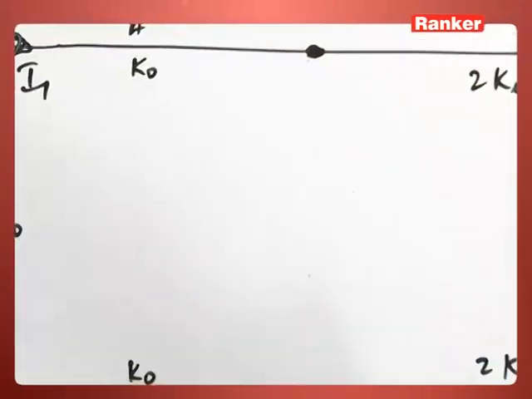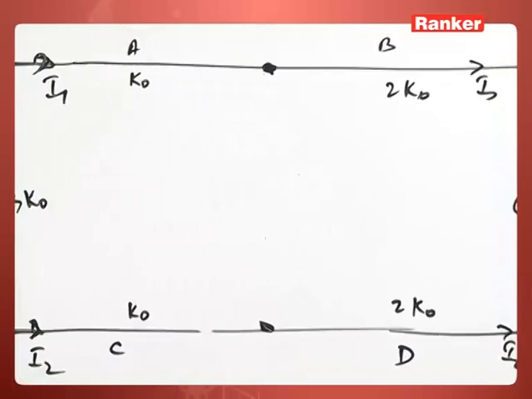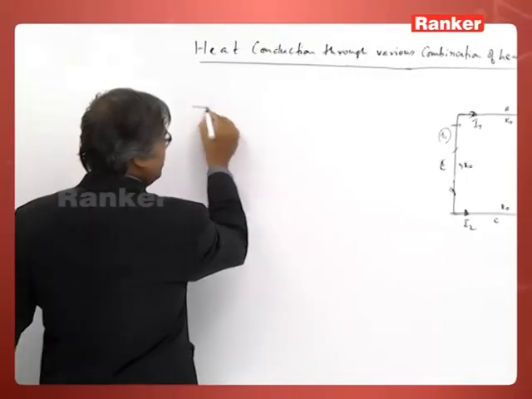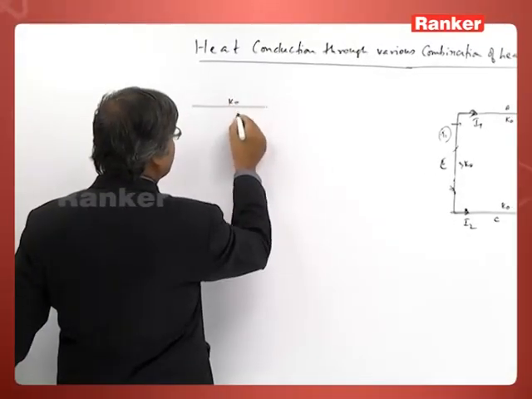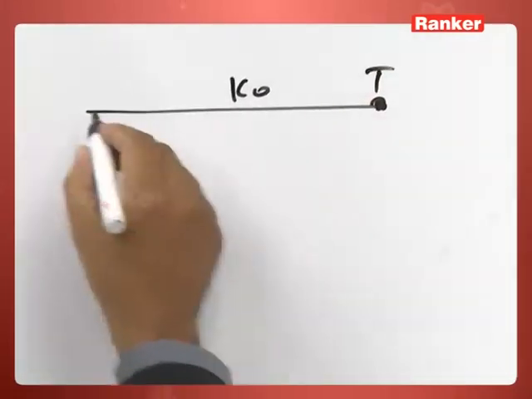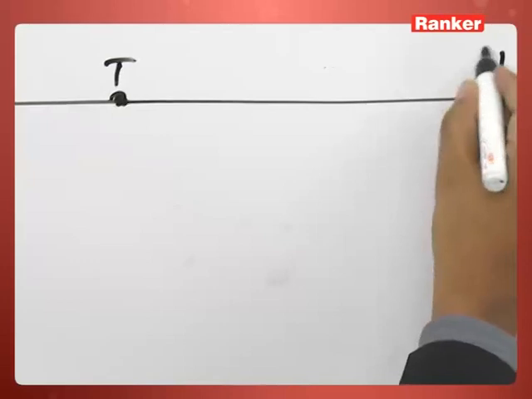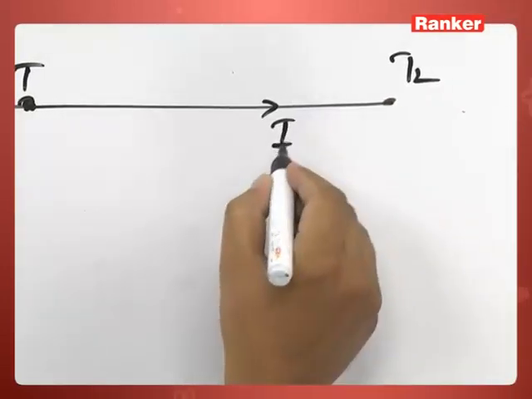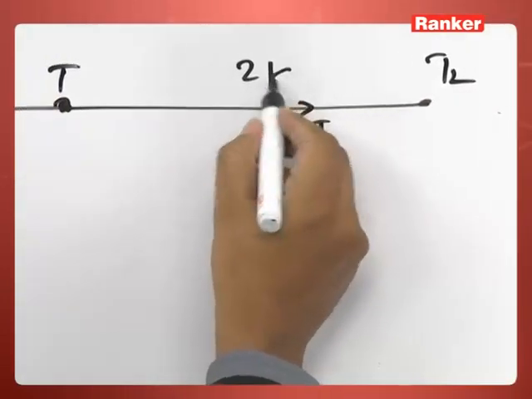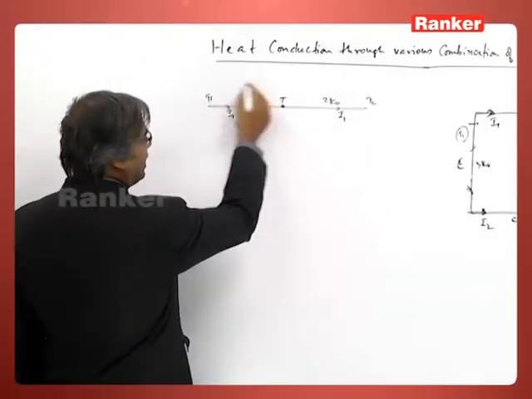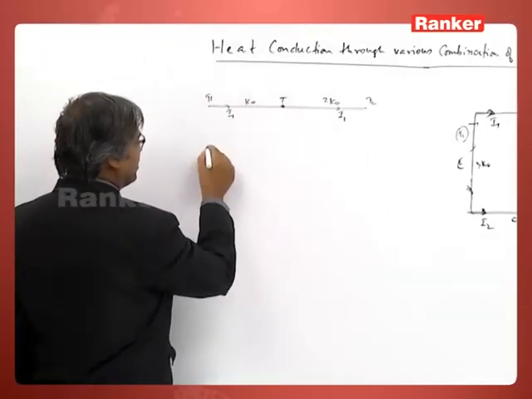Let us see what is the temperature of this. This is K naught and this temperature is T, this is T1, heat current I1 flows, this is T2, heat current I1 flows, and this is 2 K naught. Let us see the heat equation here.